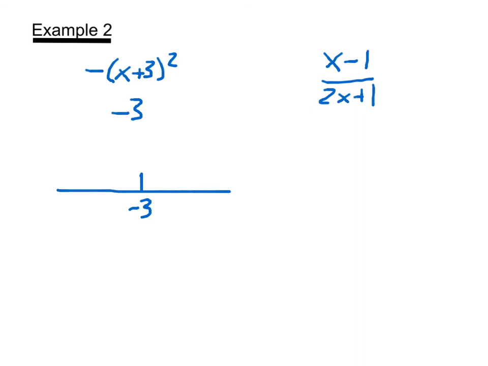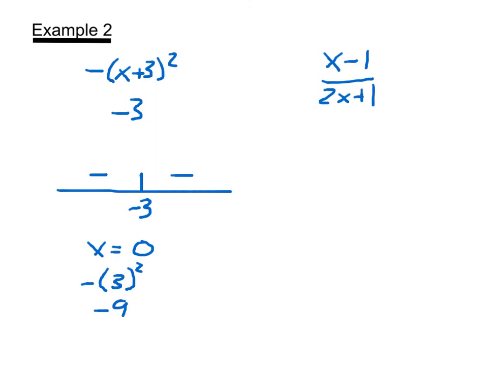Then I plug in, again, 0. 0 will be over here. If I plug in x equals 0, I get negative 3 squared. We do the square first, so this is going to be negative 9, which means that on the right-hand side I have a negative, but because I'm dealing with a squared factor, the left-hand side is also negative. The sign does not change.